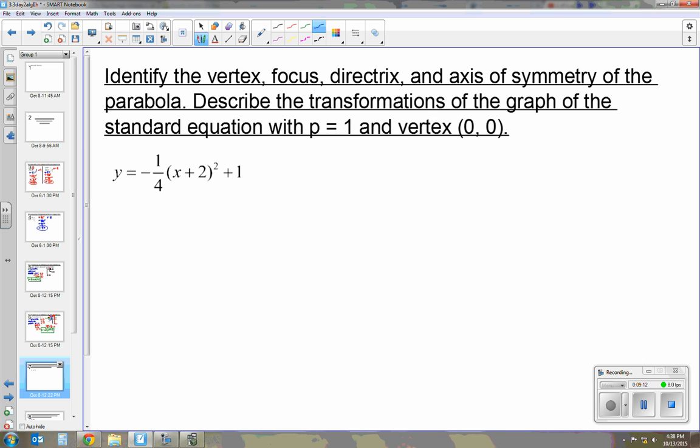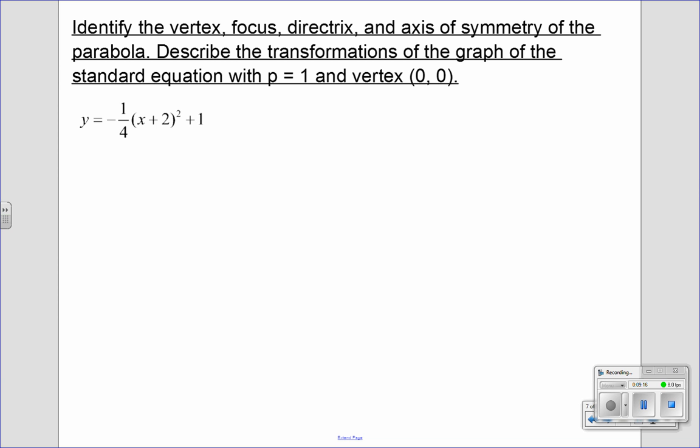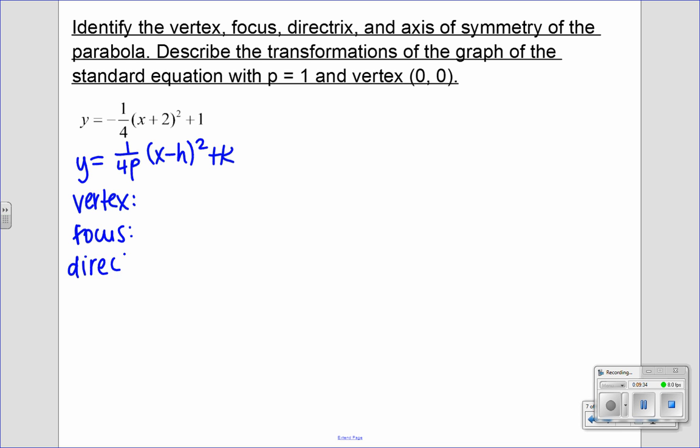So if we have a y equals, our formula is 1 over 4p times (x minus h) squared plus k. And then you need the vertex, the focus, the directrix, and the axis of symmetry.